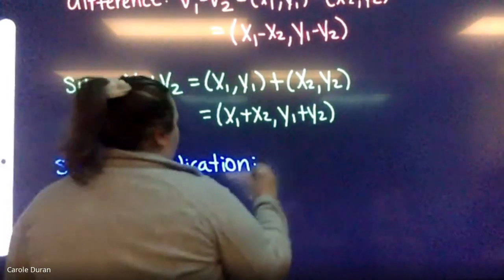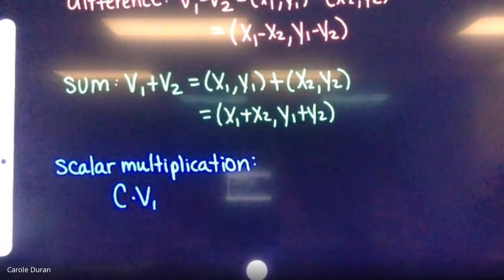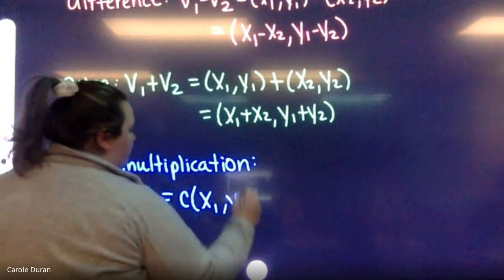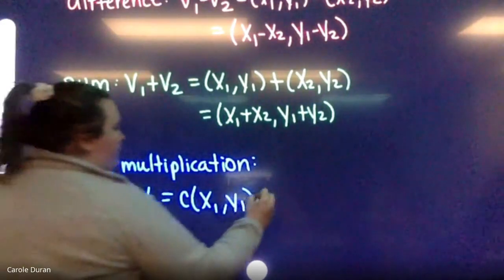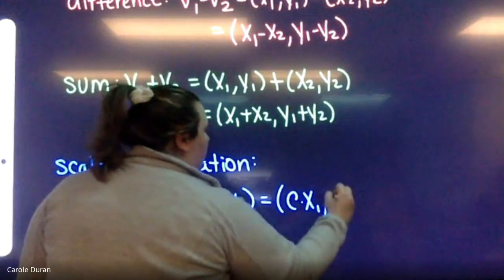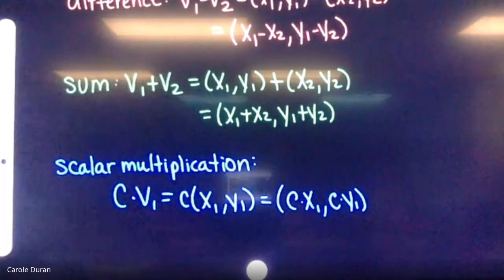So we're going to do C times V1, where C is my scalar multiple. This is the same as C times my vector x1, y1. We multiply C into both of those, and my new vector becomes C times x1, comma C times y1. And then we would just reduce it from there.